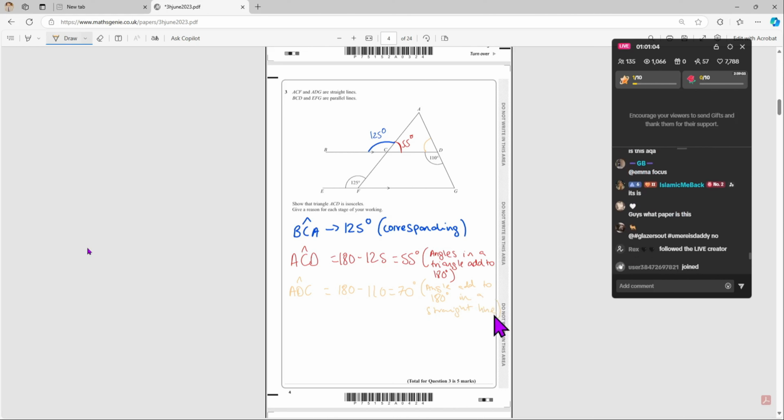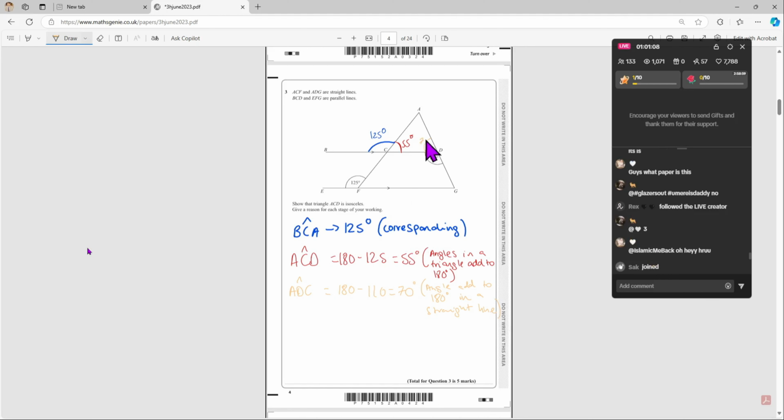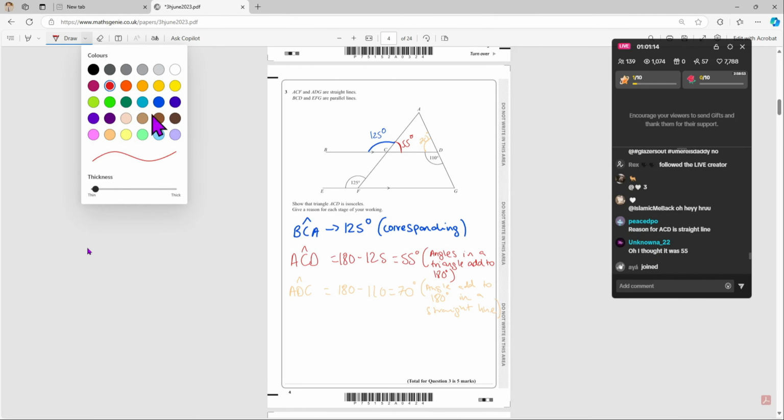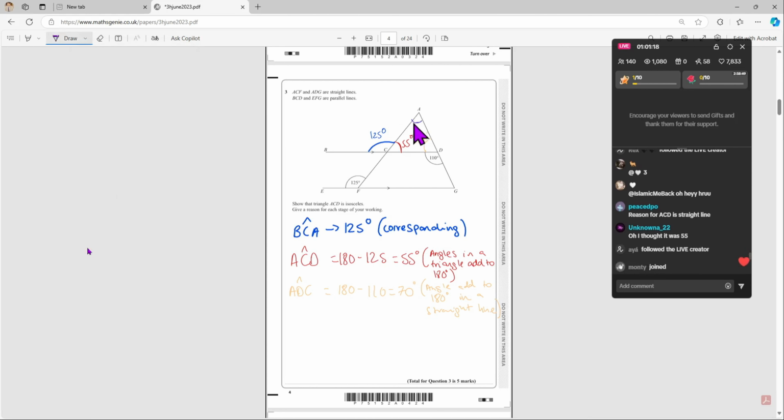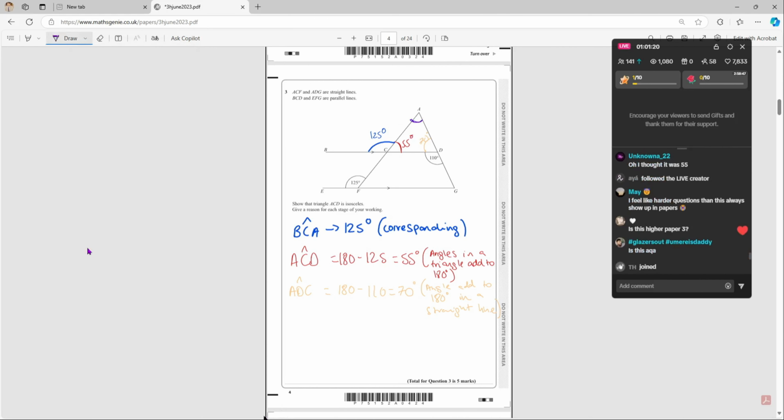So now once we have done that, we know that this is 70 degrees. So then finally, to work out this specific angle right here, we know that angles in a triangle add up to 180 degrees.